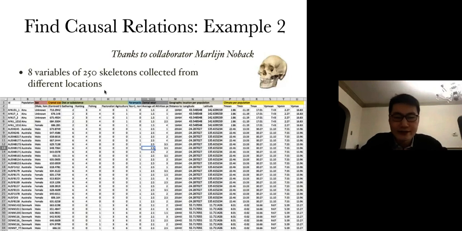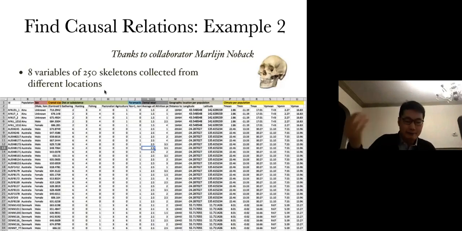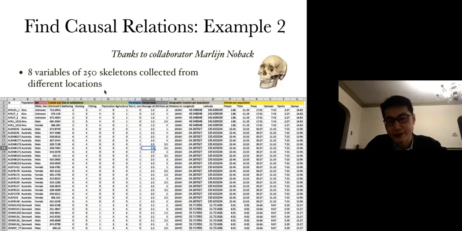So basically, as in archaeology, they really want to understand why people from different areas look different. They want to see the reasons. And given this causal understanding, they want to make a prediction into the future. In the future, maybe some condition will be different. Then how will human beings look?